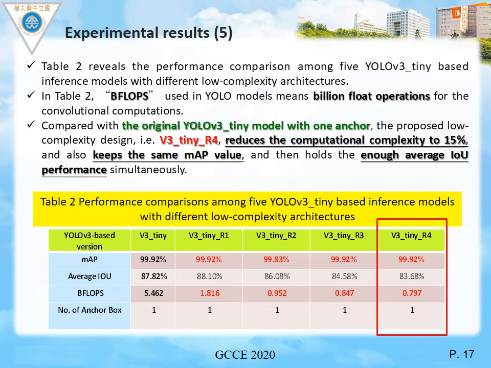Compared with the original YOLOv3 Tiny model with one anchor, the proposed low complexity design, that is the V3 Tiny R4 model, reduced the computational complexity to 15% and also keeps the same mAP value, and then holds enough average IOU performance simultaneously.